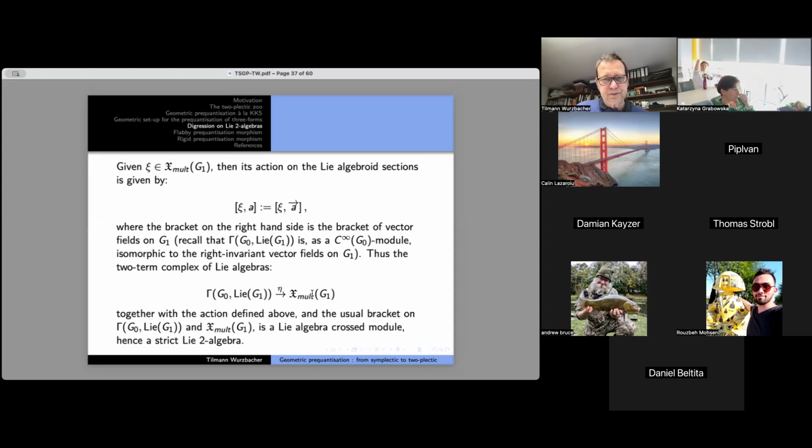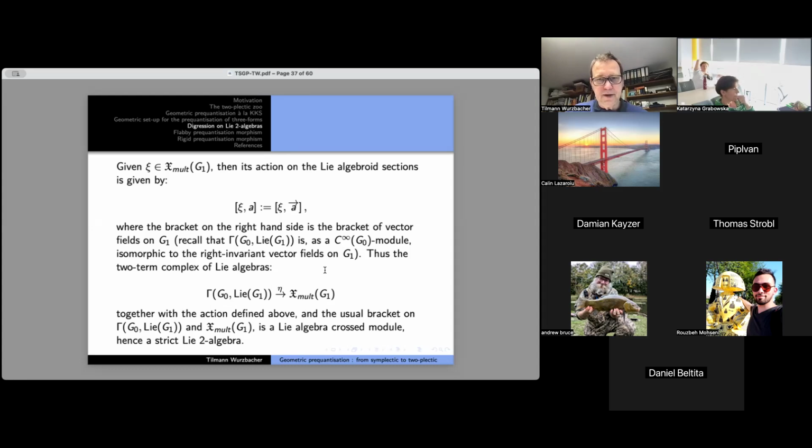So the crossed module here, you have the sections of the algebroid, you have the eta, which we described in the beginning, giving a multiplicative vector field. The multiplicative vector fields act on this, which is also a Lie algebra, because the algebroid is a Lie algebra, the sections are a Lie algebra. And then one has to check all together, it gives a crossed module.